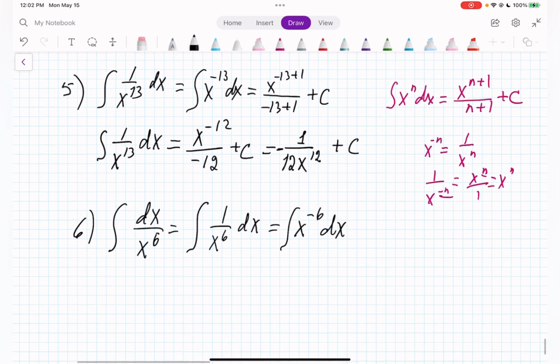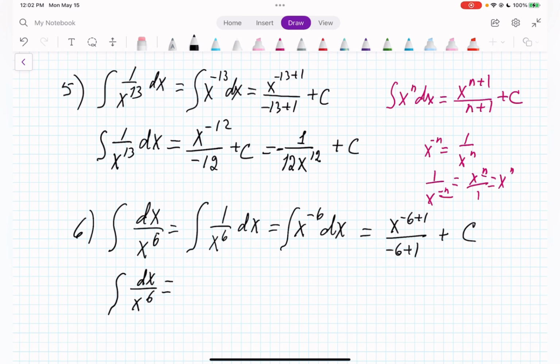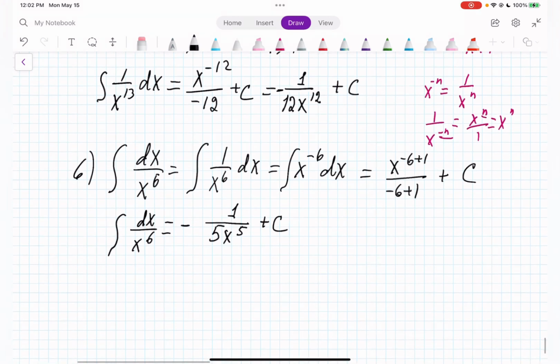So we're using our formula: x to the power negative 6 plus 1 over negative 6 plus 1, plus c. So the integral of dx over x to the power 6 is equal to, negative put in front, this negative 5 stays underneath, and x to the power negative 5 comes to the bottom with positive 5. And we are getting 1 over 5x to the 5 plus c. And this is our answer.